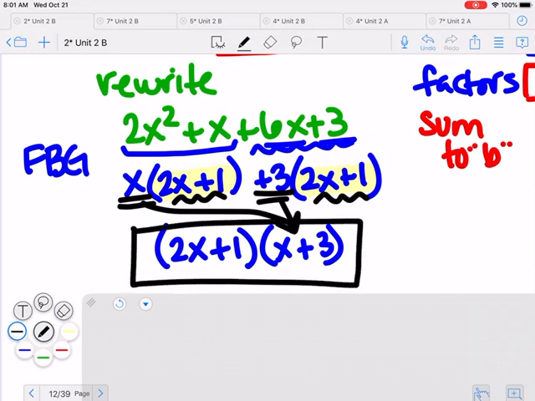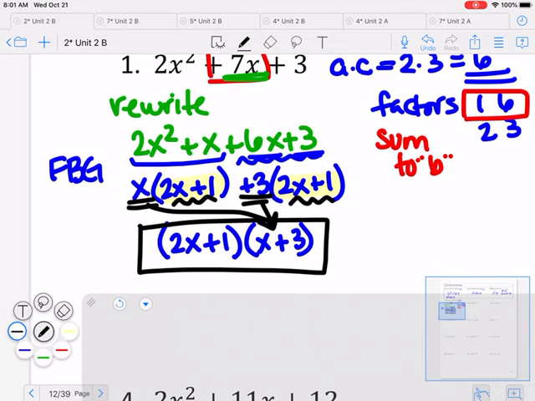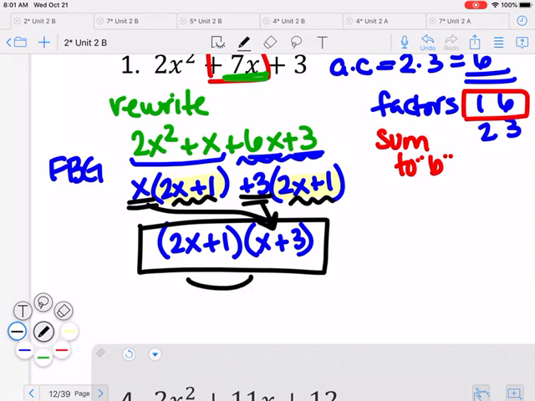Now, remember, when we're factoring, we're unfoiling. FOIL, F-O-I-L, is multiplying two binomials. You may have heard of FOIL before. So if I multiply this back out, I should get the problem that we started with. 2x times x is 2x squared. FOIL to check.